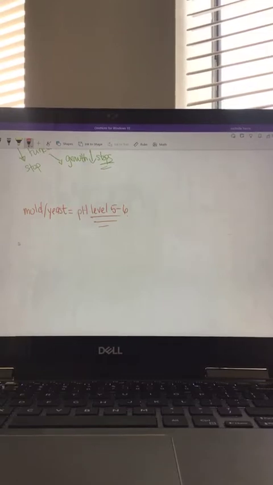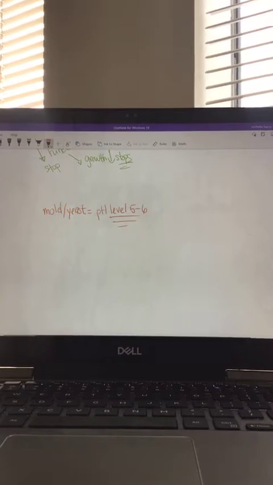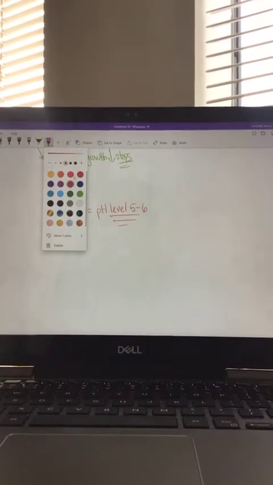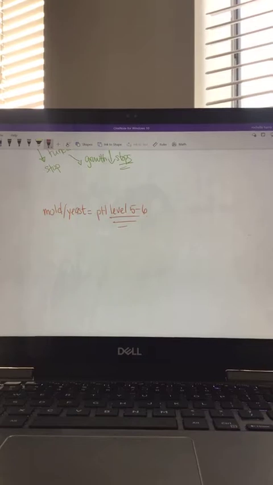Now, a lab example of how microbes are grown. We have our lab, and we want to grow our bacteria.